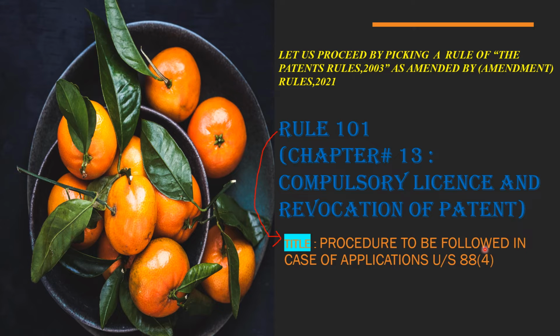And from the title itself we can very well see the very close relationship between rule number 101 and section 88. Okay, so by looking at the title only you can realize this. Fine. Okay, so let us go for a detailed explanation.